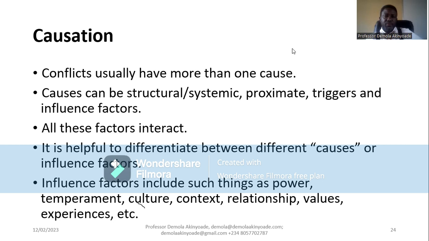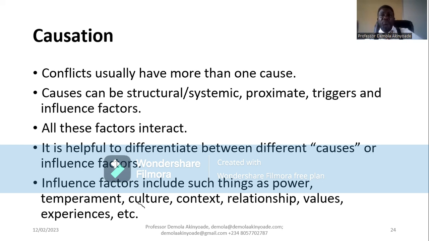Causation refers to causes of conflicts, which will include structural or systemic things, proximate causes, triggers, and influence factors. All these causes interact. Therefore, it's important to differentiate between structural causes, proximate causes, and triggers, because there is an interplay among them.